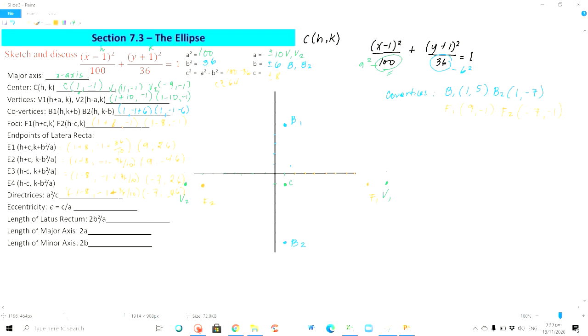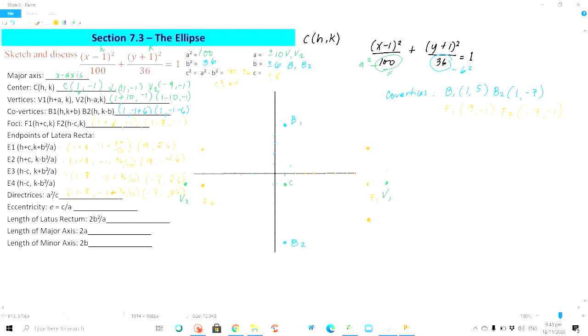9 and 2.6. So 1, 2.6. Somewhere in the middle. Isa naman, 9 and negative 4.6. 1, 2, 3, 4.6. Yan, nandito siya banda. Isa naman, negative 7 and 2.6.